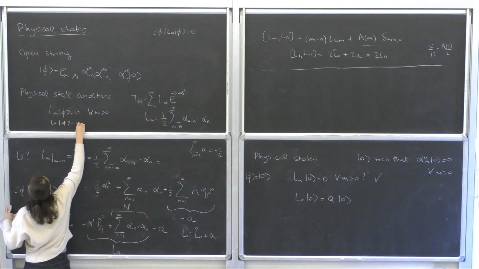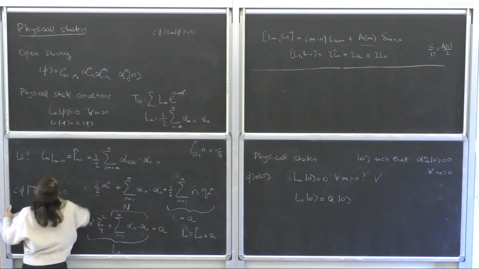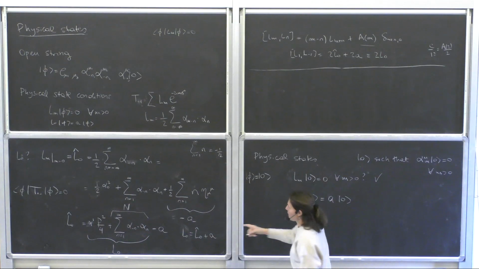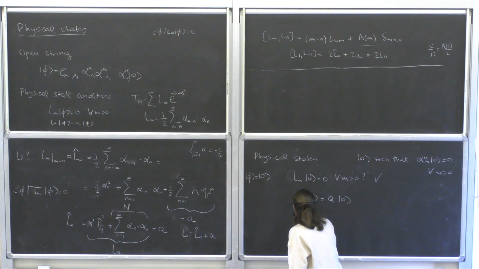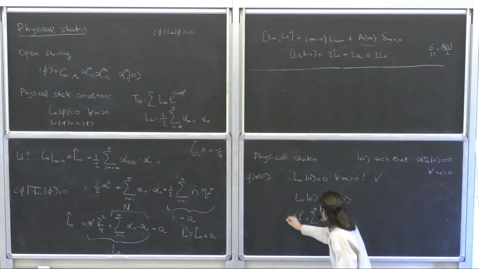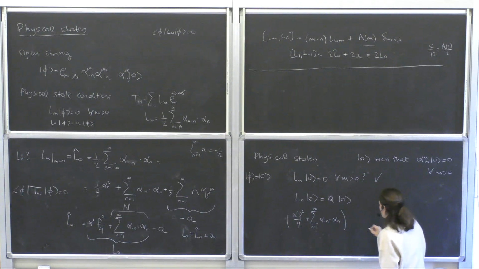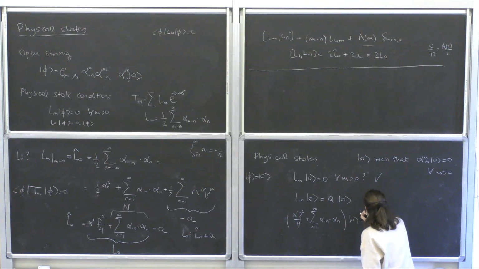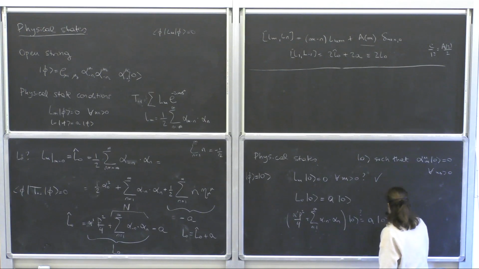So L0, which we have there, is alpha prime p squared over 4 plus the sum from n equals 1 to infinity of alpha minus n alpha n, on 0, equals A times 0.